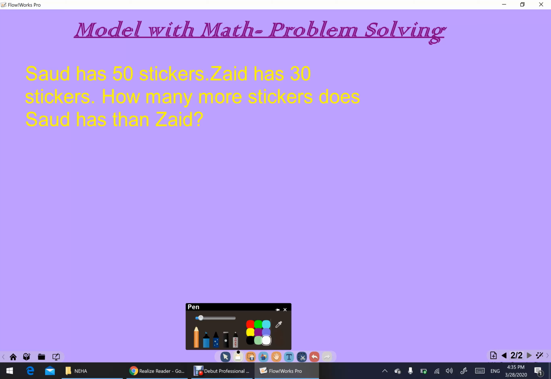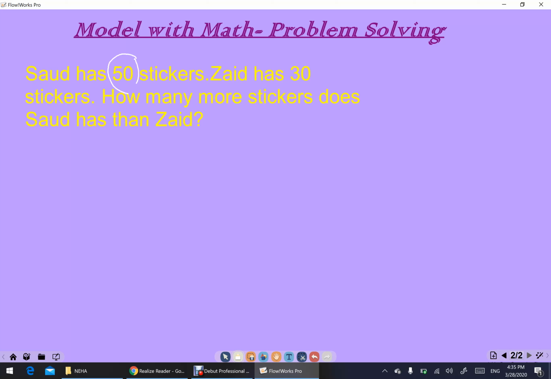So how are you going to do this? First, we will model our problem. Now here, what are they asking us to find? What I know here is that Saud has 50 stickers and Zaid has 30 stickers. And they're asking me to find how many more stickers Saud has than Zaid. This is what I have to find here.